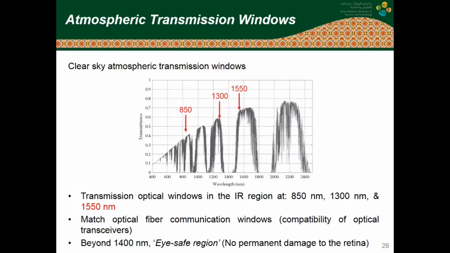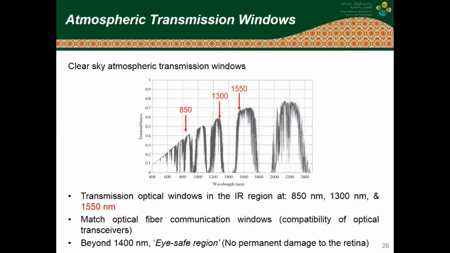Now, the good news is that these match quite well what we are used to operating over in the optical fiber communication domain, which means that photonic devices have been built, tested, and matured for this kind of application, and can be reused for free space optics, and that's great from a cost perspective.